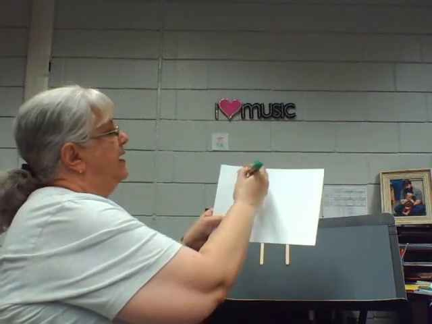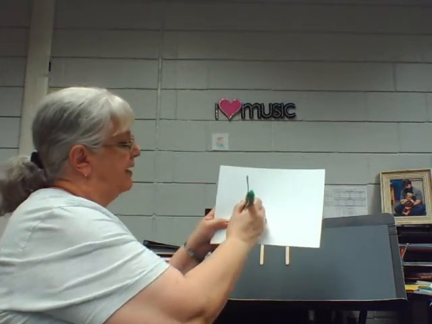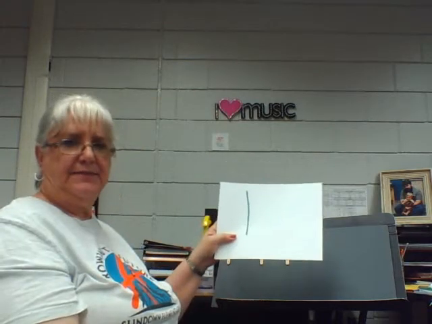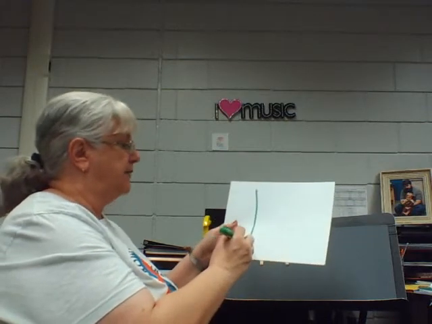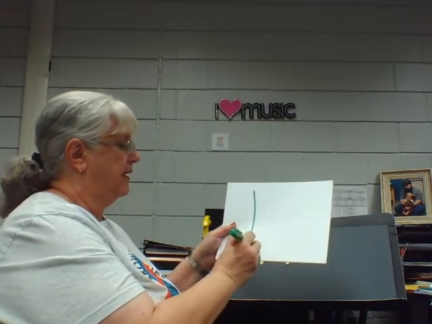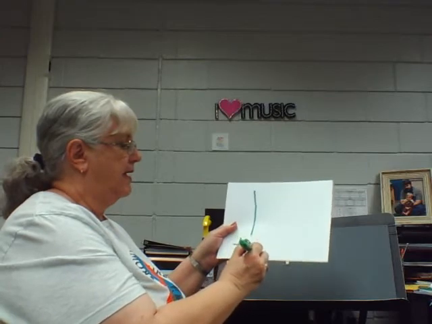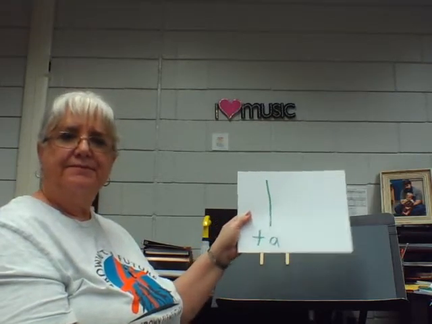Okay, so I'm going to take a paper here and I'm going to show you what these are called. Okay? If there is one syllable on the beat, we're going to write it like this. I'm going to draw one line down and that's it. The name of this rhythm, what we call it when we clap it, is going to be ta.